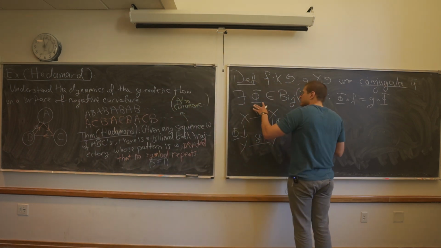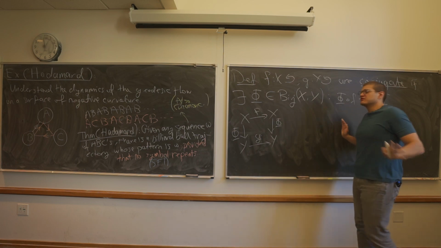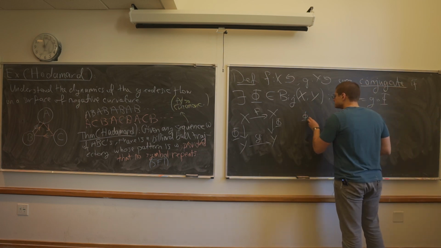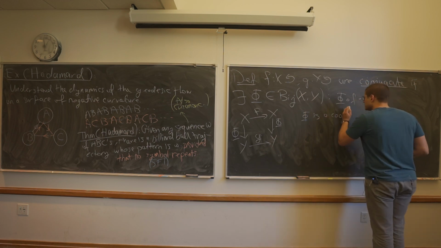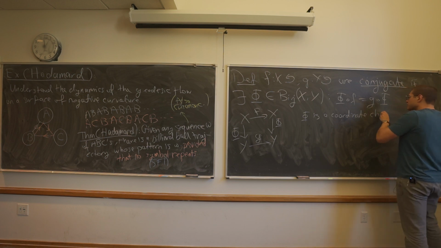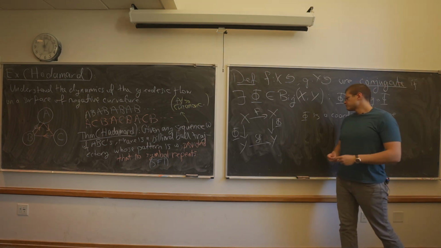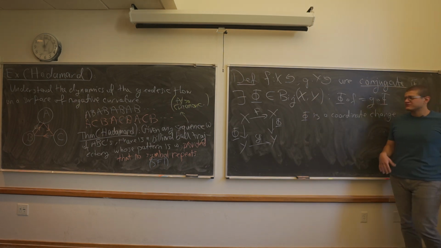The difference is that I'm allowing the coordinate change to be more general than linear, and likewise the transformations. So let me write it like this. Phi is a coordinate change here. And another way of thinking about this is to say that phi is a passive transformation.